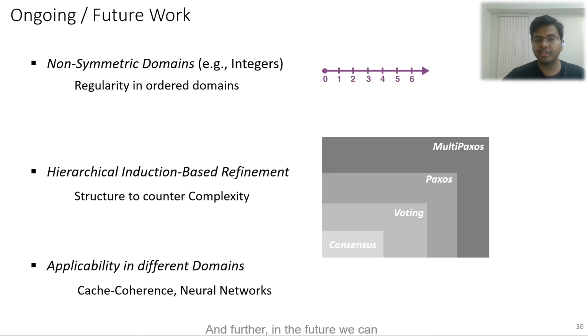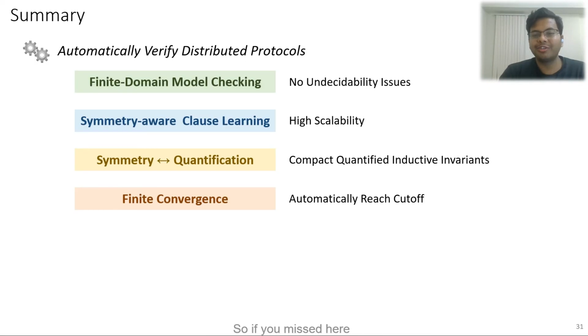And further in the future, we can extend the approach to other kinds of parameterized systems like cache coherence, neural networks, etc. So if you missed some of the details here, that's fine. Just remember this brief summary.